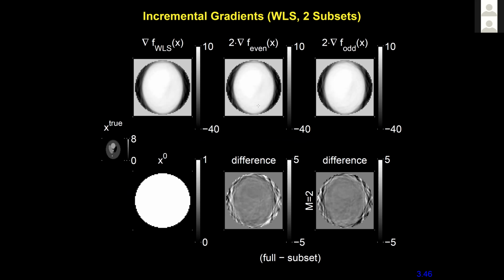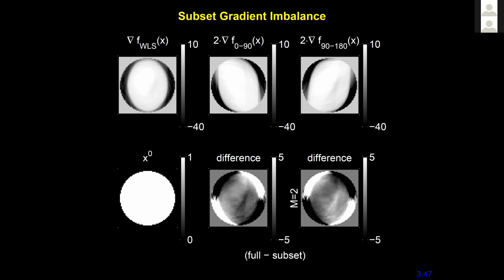You choose every other projection as inside one subset. If you choose in another way, which is much more unbalanced, for example, the first 90-degree projections as one subset and another 90 degrees as another subset, then your subsets are unbalanced. In this way, the difference of your gradients is big. When you use this to do reconstruction, you actually get bias, and you will never reach that closed sphere around the optimal solution.